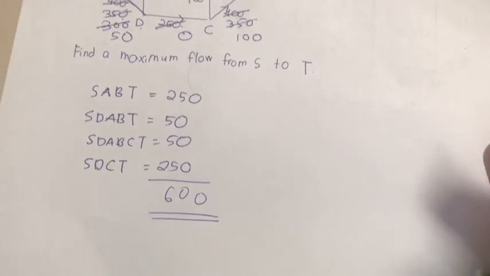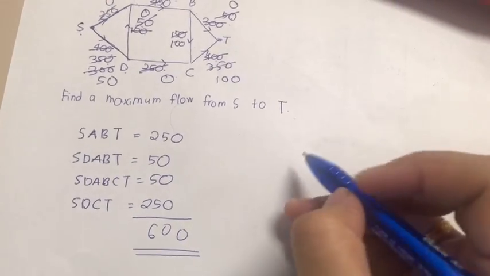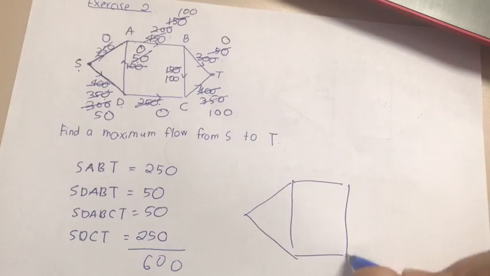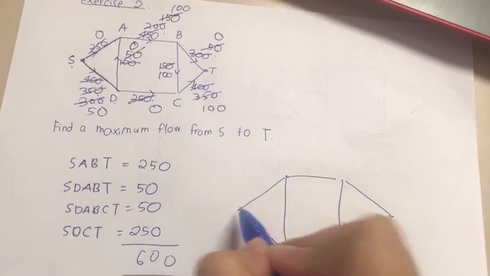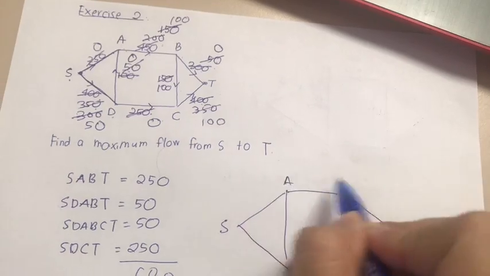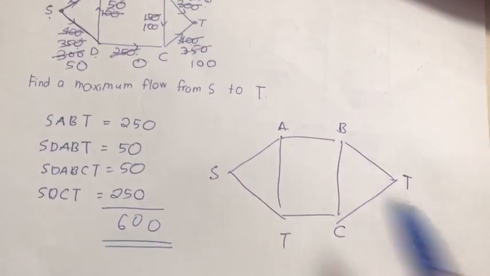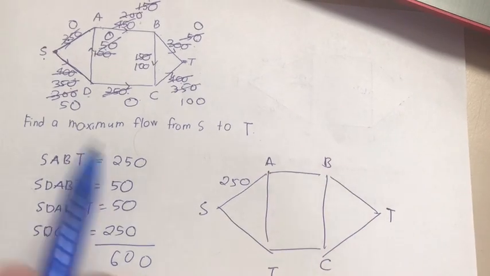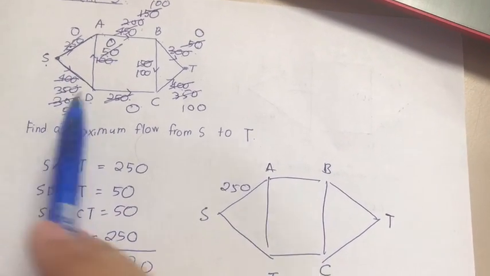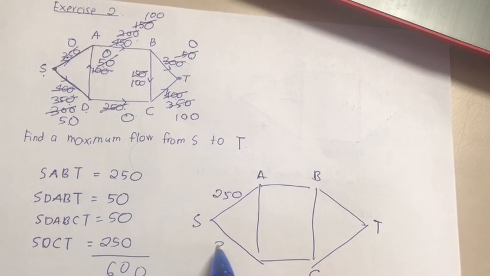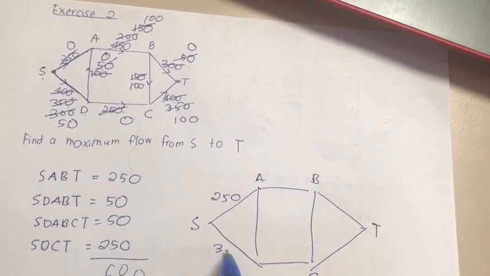Okay, how do we know that we have the correct answer? We draw it again. Sorry for the not very smooth lines. 500 minus 0, we get 500. 400 minus 50, we get 350.